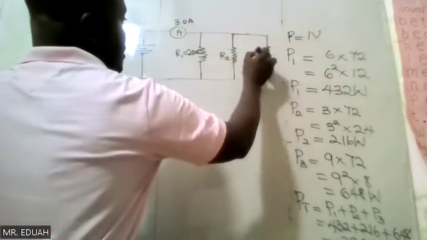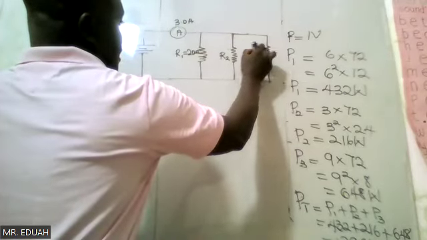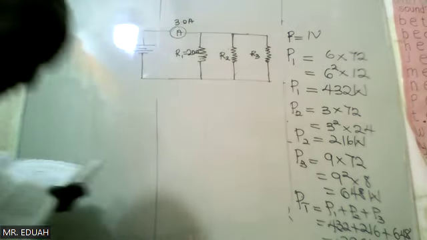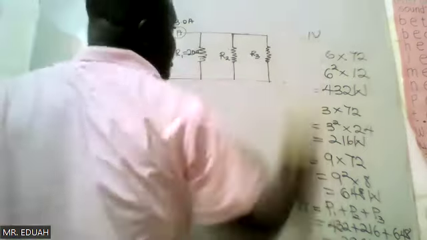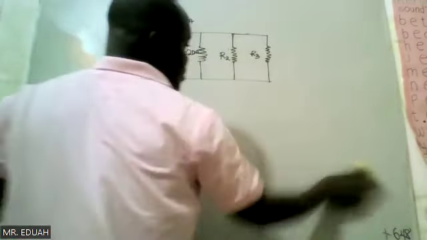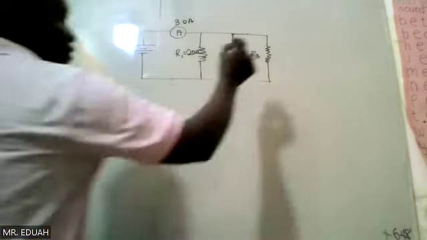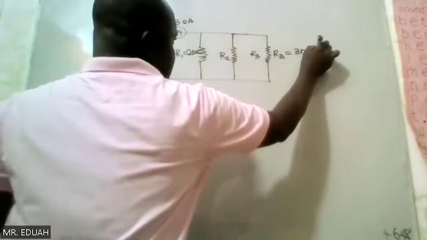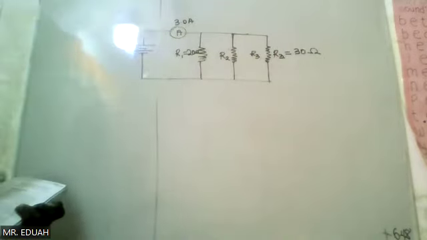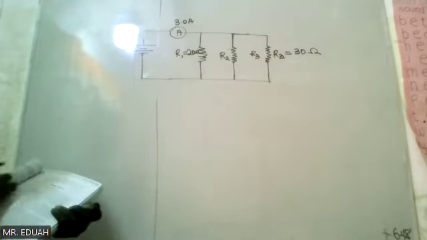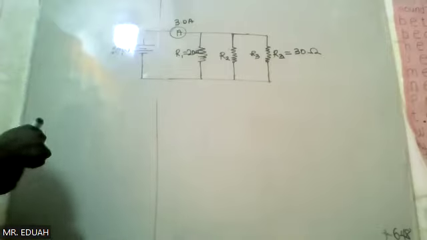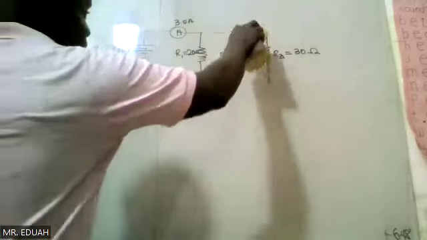R3 is equal to 30 ohm. The source voltage is 24 volts.